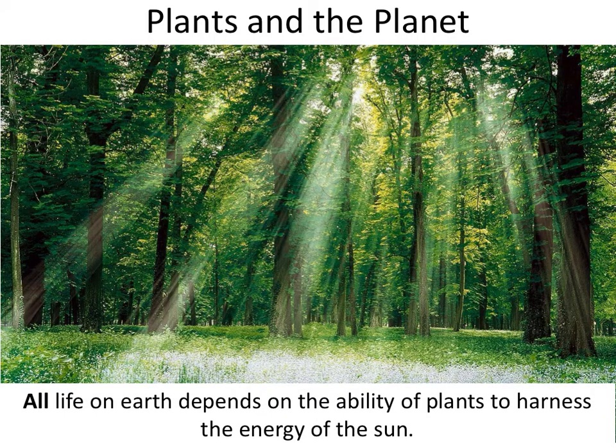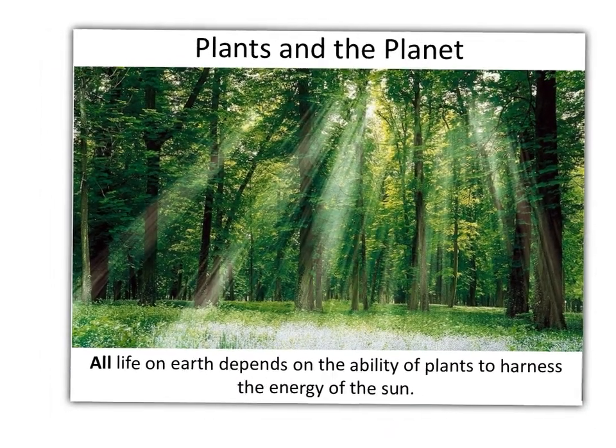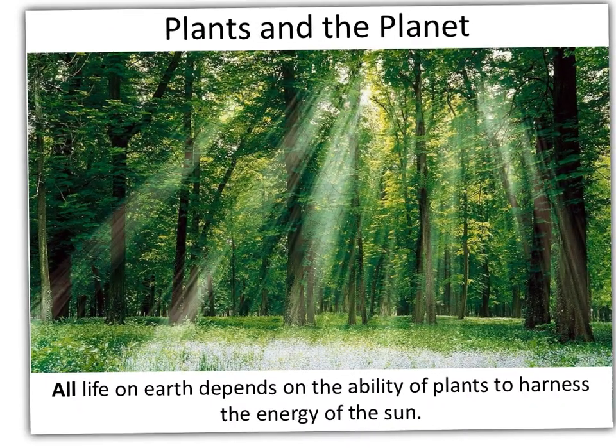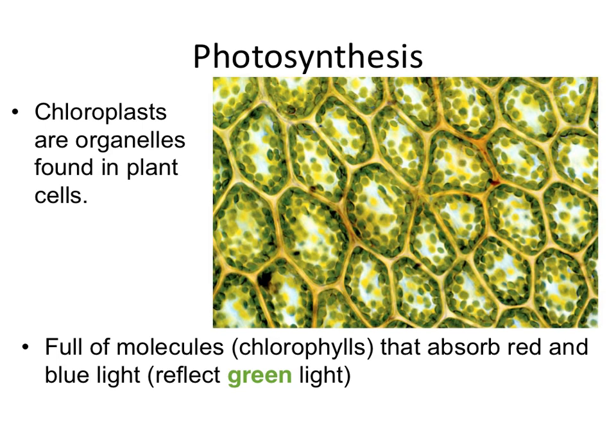So, plants and the planet. All life on Earth depends on the ability of plants to harness the energy of the sun through photosynthesis. Photosynthesis in plants is carried out in chloroplasts. These are organelles, right?